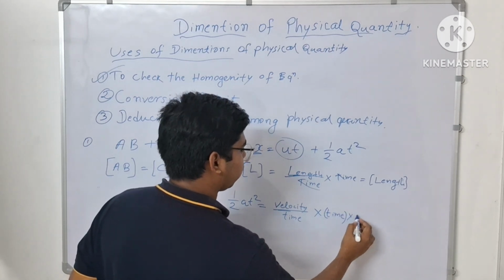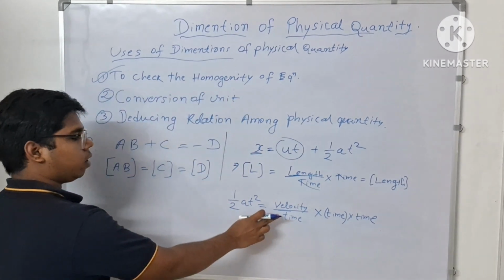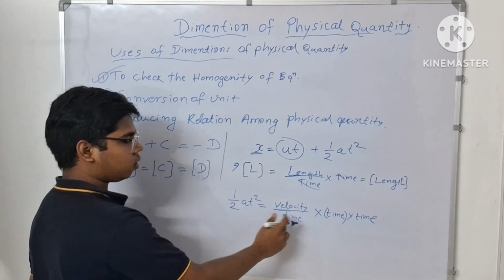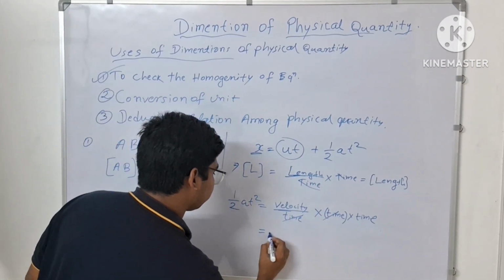So time multiplied by time. So one time is in the numerator and one time is in the denominator. So one will cancel and remain.